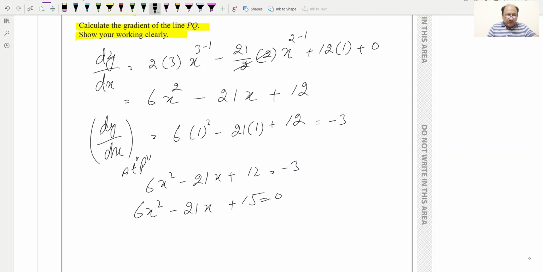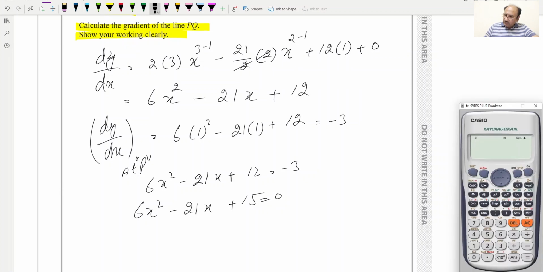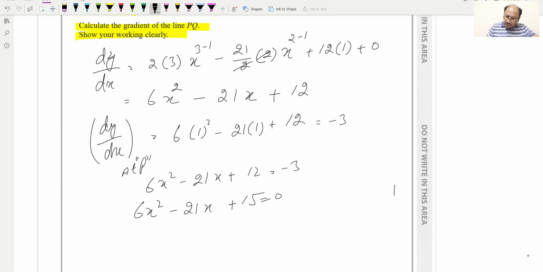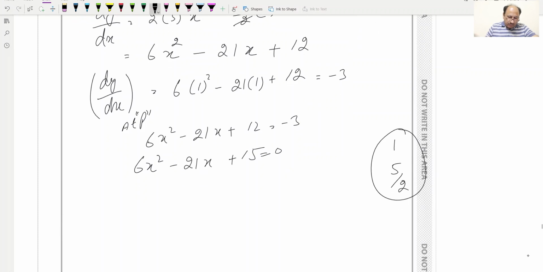Now we can take 3 common, or directly we can factorize it. So mod 6 times 15, this will be 6 and minus 21 and 15, and this is giving us 5 by 2 and 1, so 1 and 5 by 2. We will use this pair and factorize this.